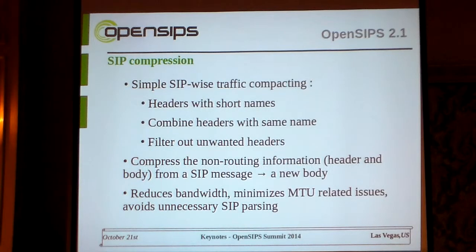Another thing is SIP compression, because there are cases where it's really needed to have the ability of doing compression. It's not necessary only for optimizing the bandwidth usage, but also for optimizing the routing and minimizing resources when it comes to routing into a SIP platform.